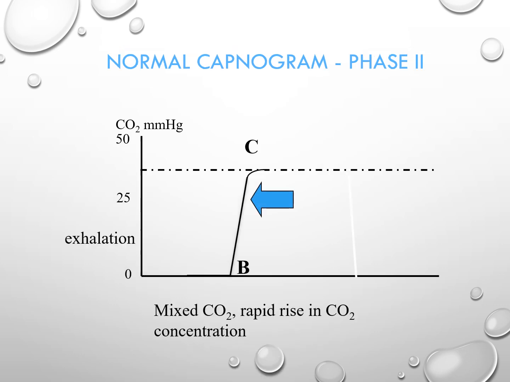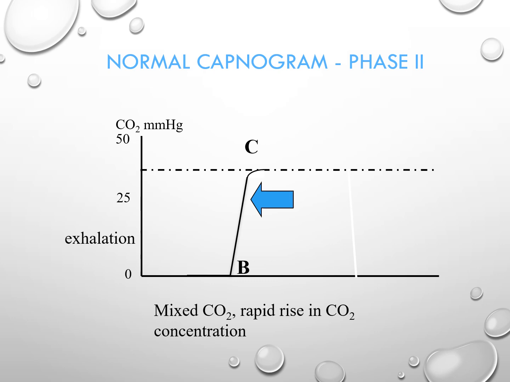After that normal A-B segment, where you're in between breaths, you now have the B-C segment of a capnograph. You have a rapid rise in the slope, up to, and I'm interpolating here, let's say 37, something along those lines.